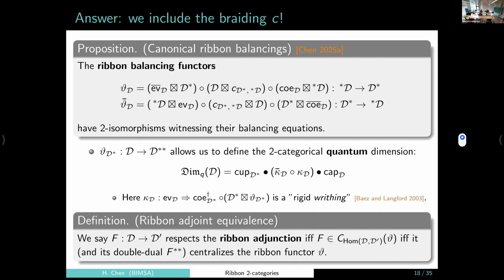And it will tell you explicitly how to do it, because now with the braiding, you're able to define the canonical ribbon balancing functors. Now I can introduce the balancing, and it's a very canonical thing that you can do, in which you write down the twist like this, and you write down all the morphisms that give you that shape, and you get these two functors.